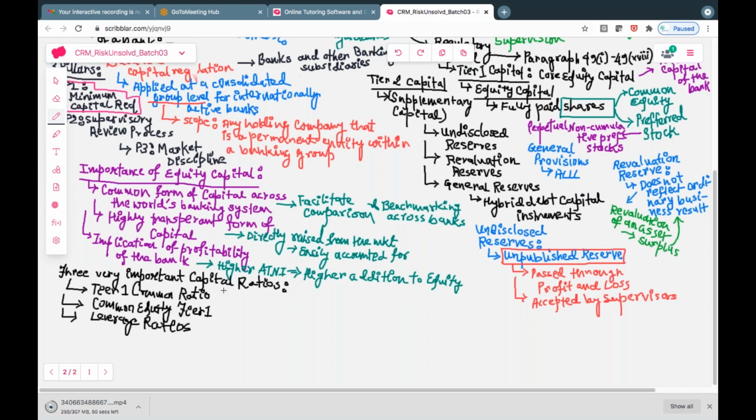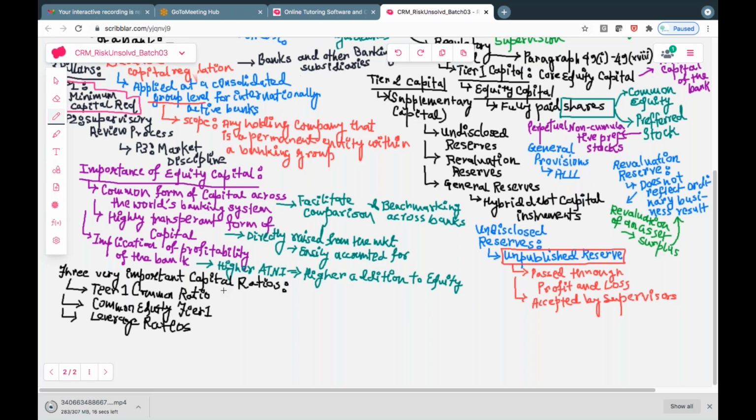One of the things was that these were kind of unreported or estimated figures, and therefore we cannot expect to absorb unexpected losses using these measures.